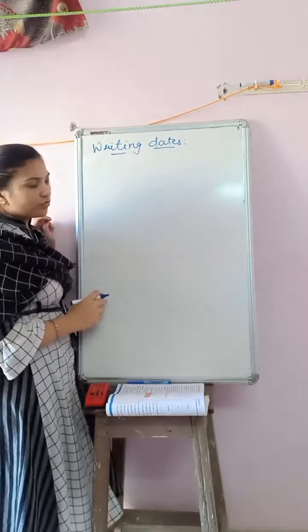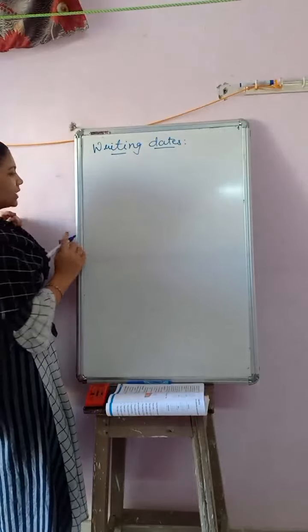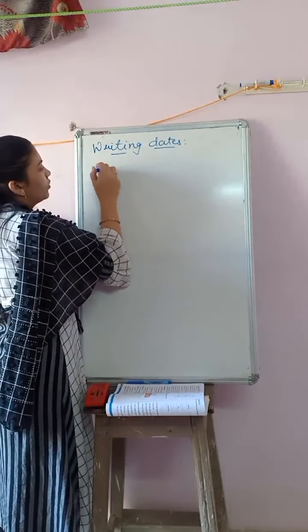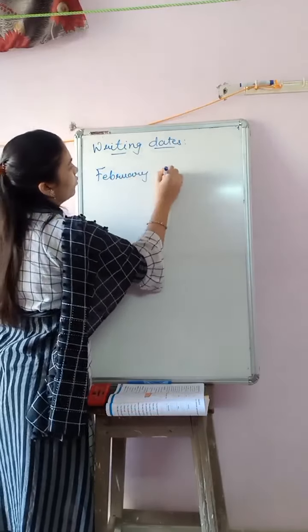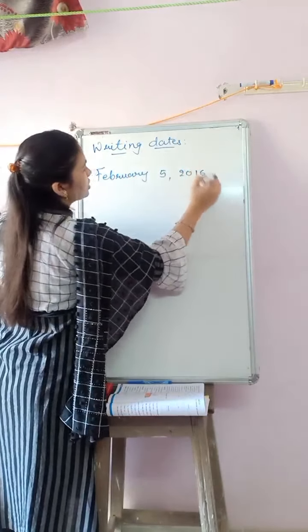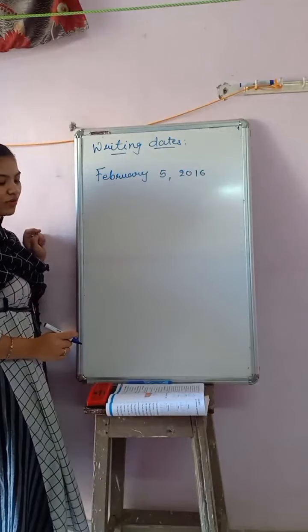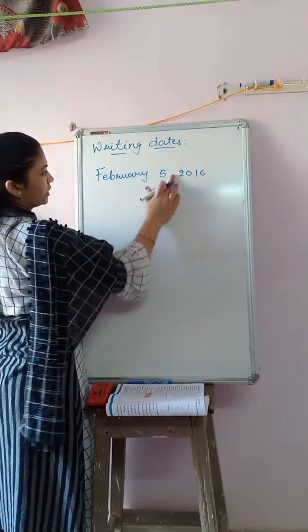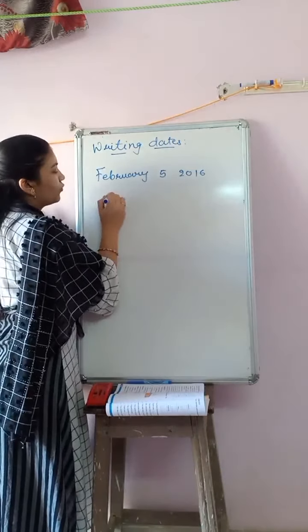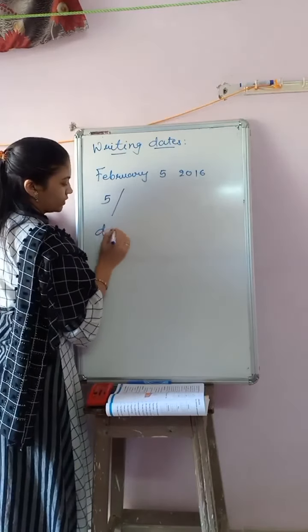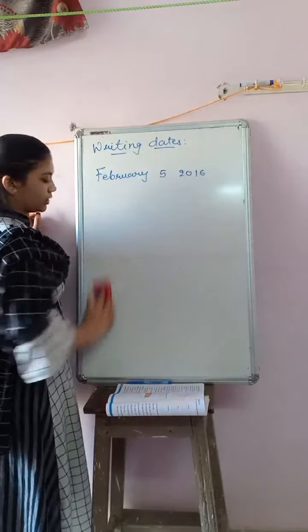For example, write down the date February 5, 2016. तो इसको आप, this is one way you can write it down. You have to write it in this format.